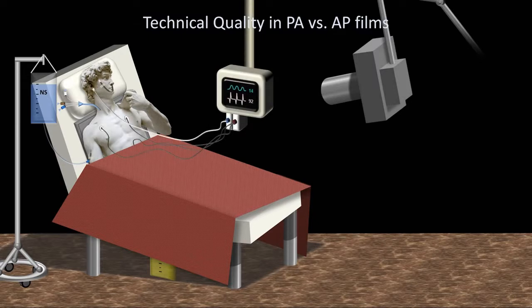There may not be enough room for the X-ray machine to be properly spaced and positioned. Overall, AP films are taken in an uncontrolled environment, at least uncontrolled from the standpoint of the technician. As a consequence, the quality of an AP film is almost always inferior to that of a PA film taken of the same patient. Therefore, this video will be predominantly relevant to AP films.